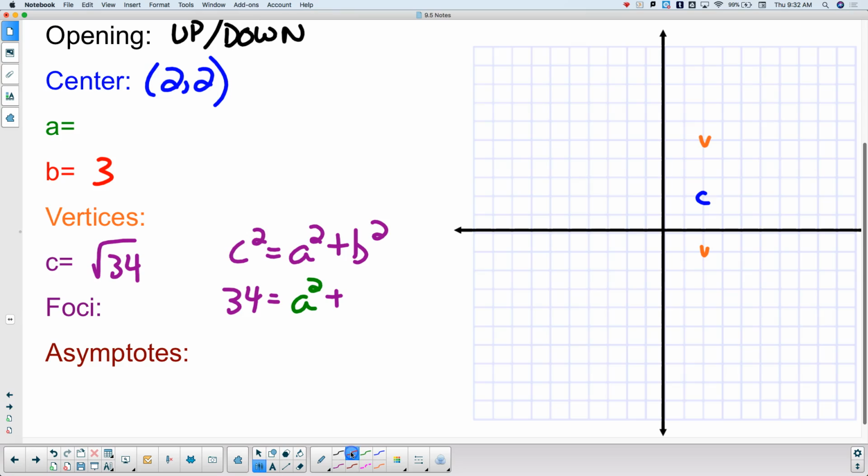Let's color code things. So then 25 is A squared. So A is 5. So that means I'm going left and right 5, 2, and 4, and 5. 2, and 4, and 5.